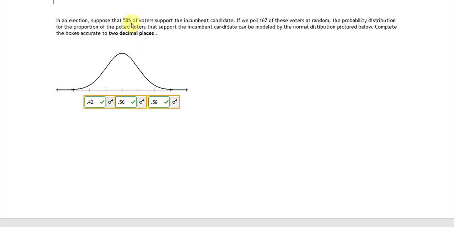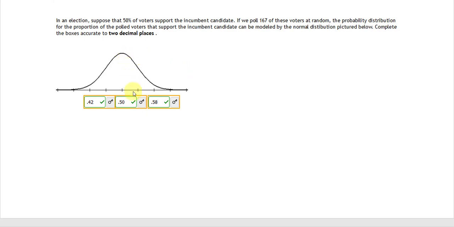So suppose that 50% of voters support the incumbent candidate, and if we poll 167 of these voters at random, the probability distribution for the proportion of the polled voters that support the incumbent candidate can be modeled by the normal distribution picture below. Complete the boxes accurate to 2 decimal places.